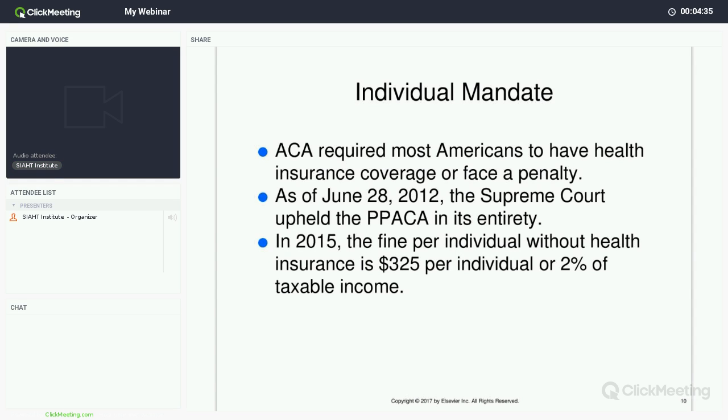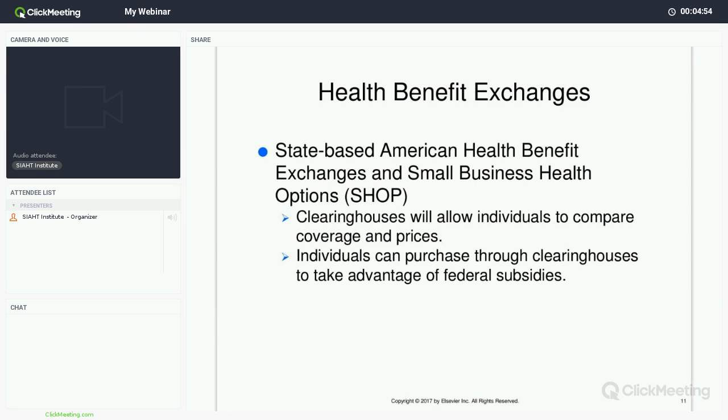This came into being on June 28, 2012, and it's basically a fine for a person who doesn't have health insurance: $325 per individual or 2% of the taxable income. In order to make it easier for people to have insurance, there are state-based American Health Benefit Exchanges and Small Business Health Options.